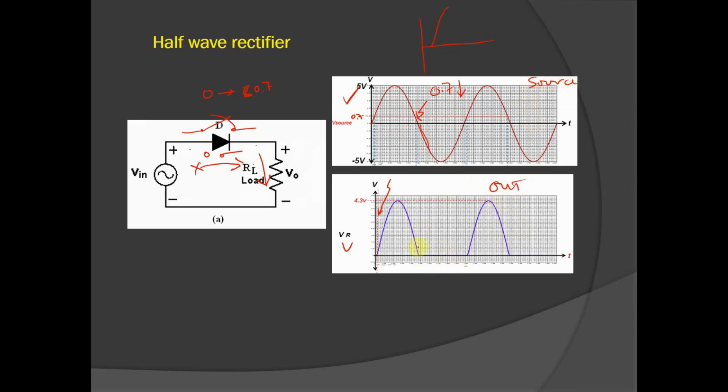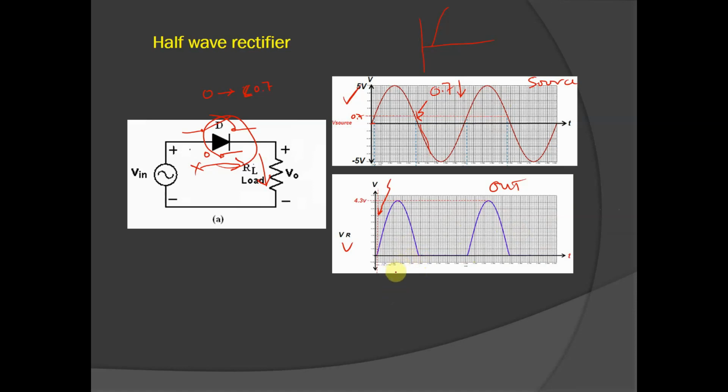There will be no output on this portion because it is on the negative cycle. At the negative cycle, the diode is open, right? So until this point, 0, and then it will reach 0.7 again. At 0.7, it will start to go up. That means whatever voltage is reflected here will be measured from the output side. So it becomes a cycle. This is called a half-wave rectifier.